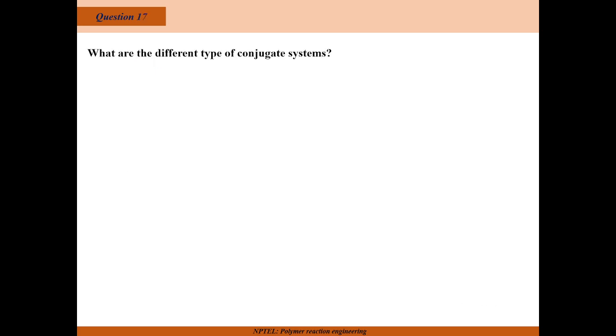Okay. What are different types of conjugate systems? This is also a very generic question. There are different kinds of conjugate systems. In order for resonance to happen in a system, there should be a conjugate system within it. So what is a conjugate system?